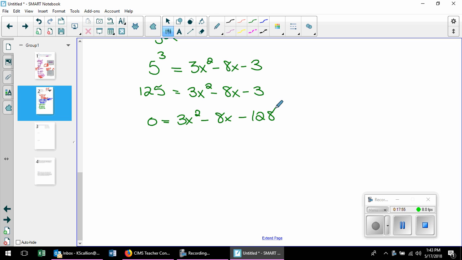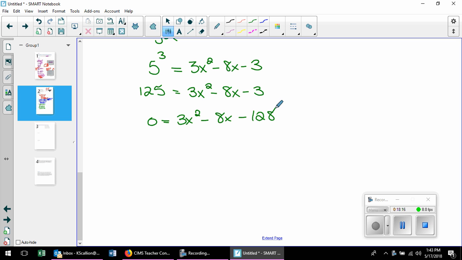So, can I call it factor, you think? We can do that. Or, in this case, where are we going to go? Quadratic formula.